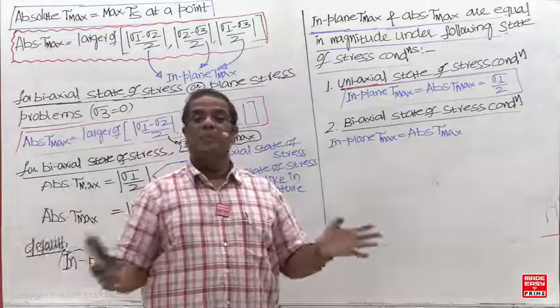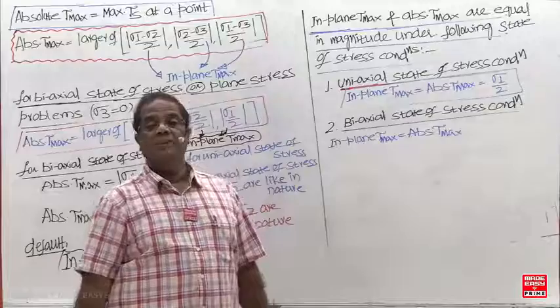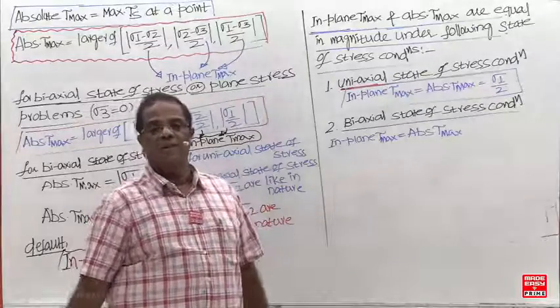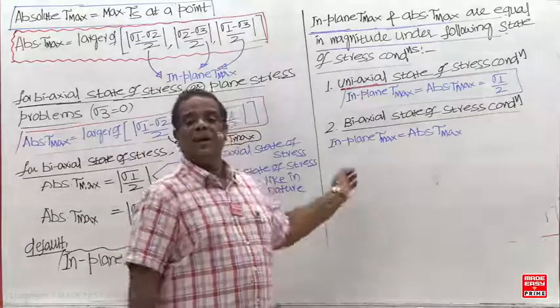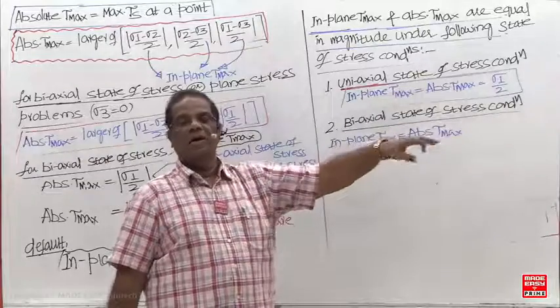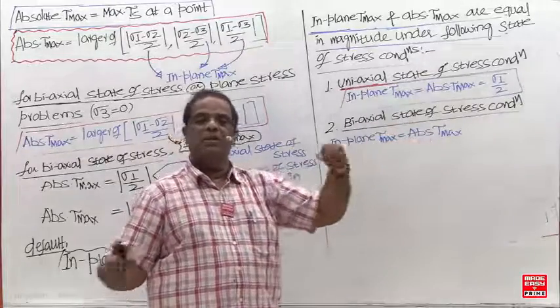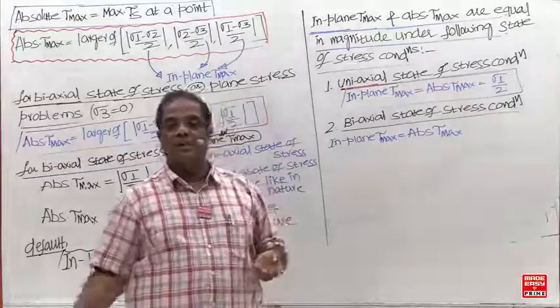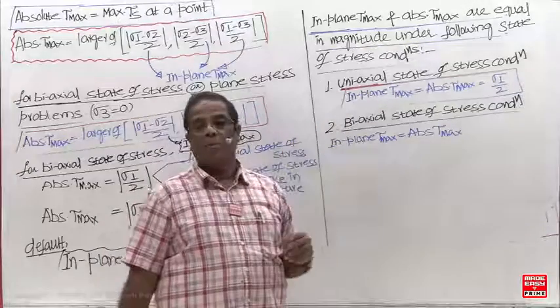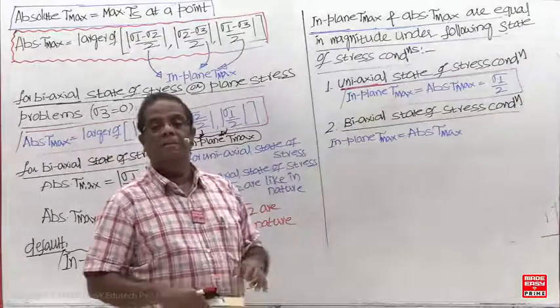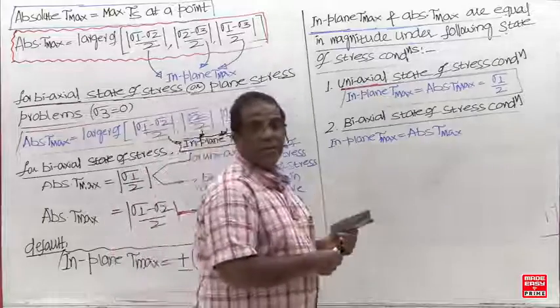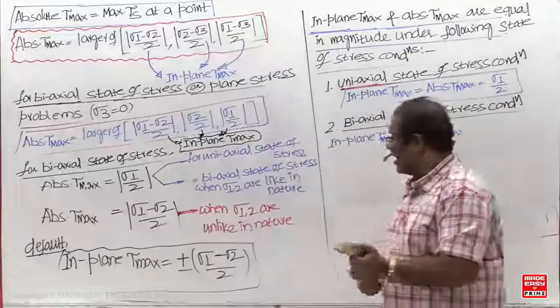When in-plane and absolute are both the same. When both are different, then you have to clearly write in-plane and absolute. If both are equal in magnitude, you can simply call it tau max. Under uniaxial both are the same, that's why we called it tau max only. But in the biaxial case, they are equal when the principal stresses are unlike in nature.